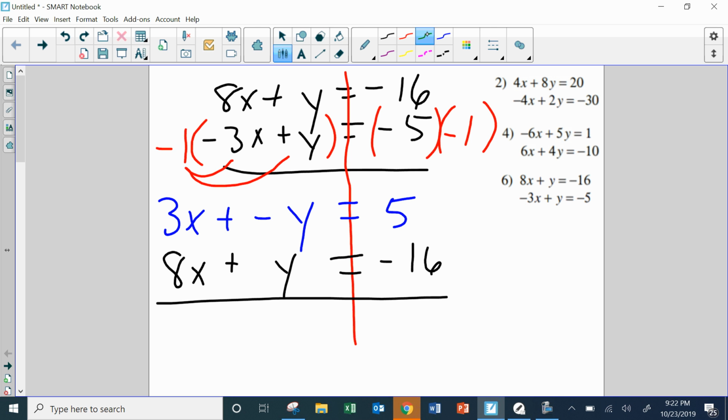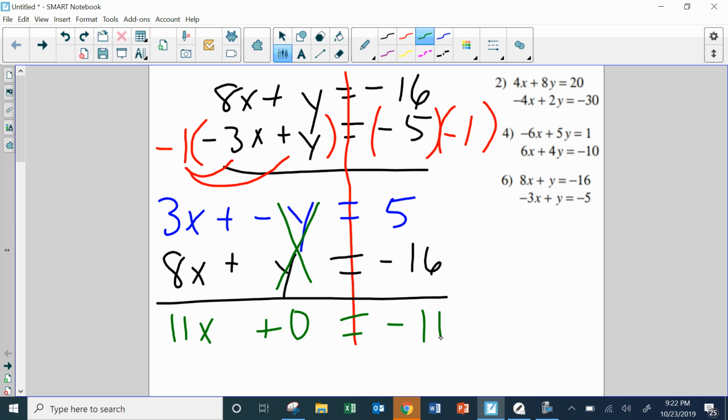So if I add these vertically, 3x plus 8x is 11x. A negative y and a positive y combine to cancel out and become 0. So that's plus 0. Negative 16 combined with positive 5 gives me negative 11.